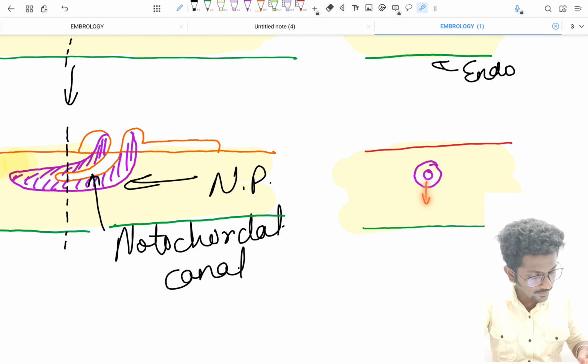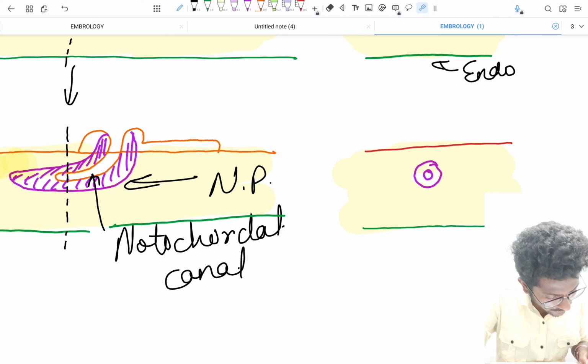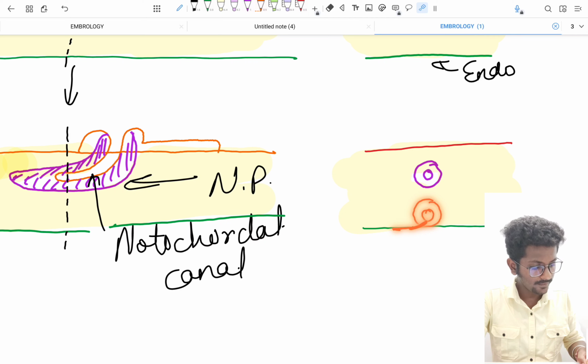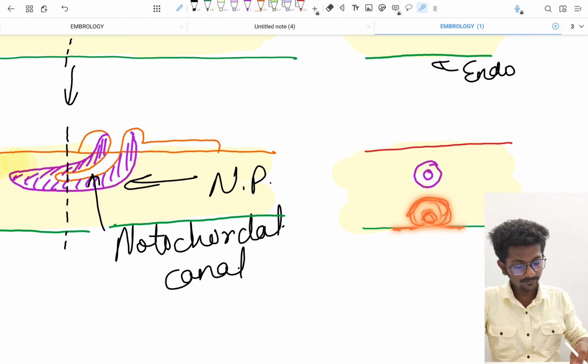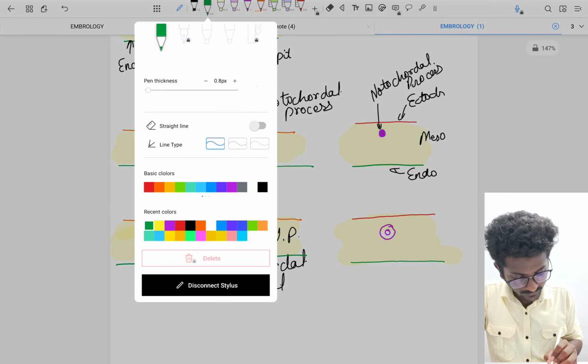It will first move downward, and as it is moving downward, when it reaches over here, this part fuses with this endoderm, and this part fuses with this endoderm, and now an opening can be seen in this part. So let me draw that once again. Now it will be seen here.